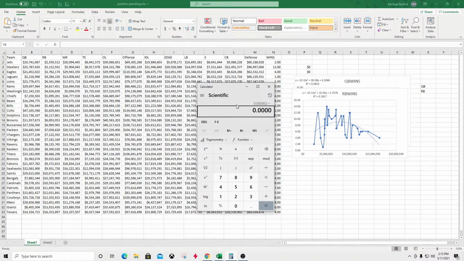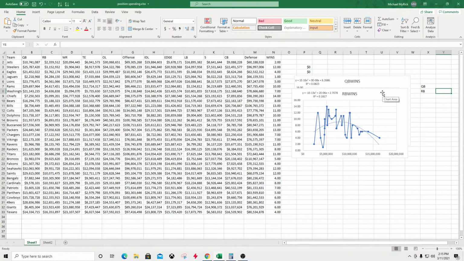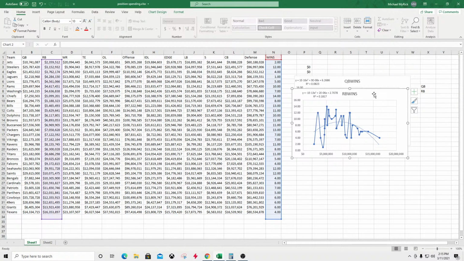Well, my math is off because you can tell, you look right here, and here's the sweet spot, like 7.5 million.